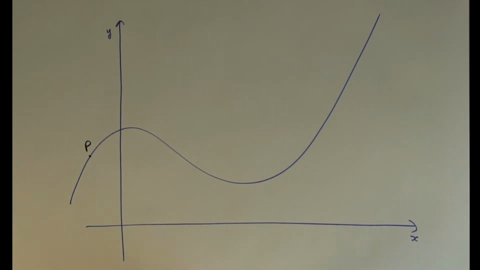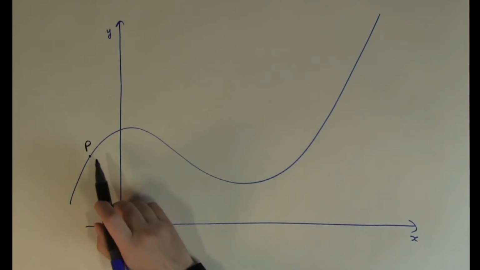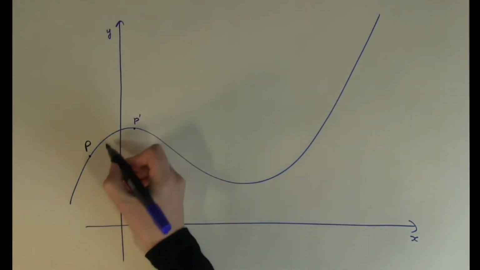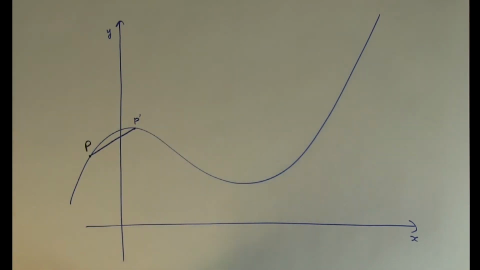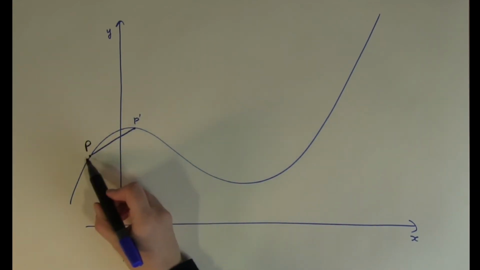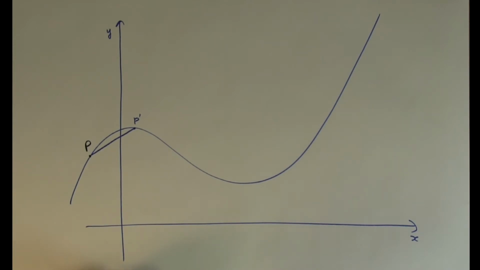Well, we know how to calculate the change for linear graphs, and we know that every curve looks linear if we look at it close enough. So using those two intuitions, I can choose a point close enough to P, let's say here, call it P prime. And if I join these 2 points, then I have got a line.